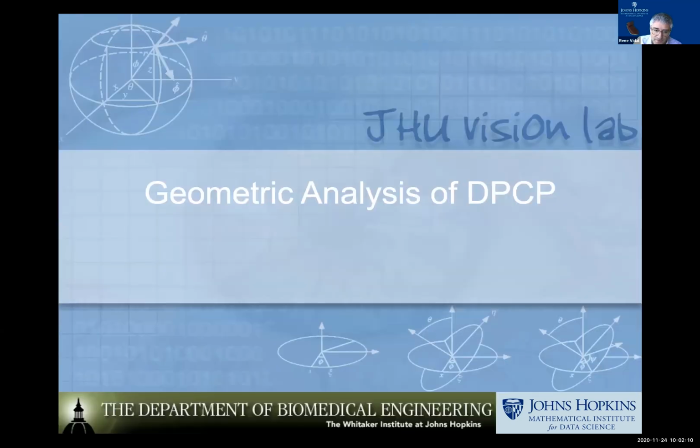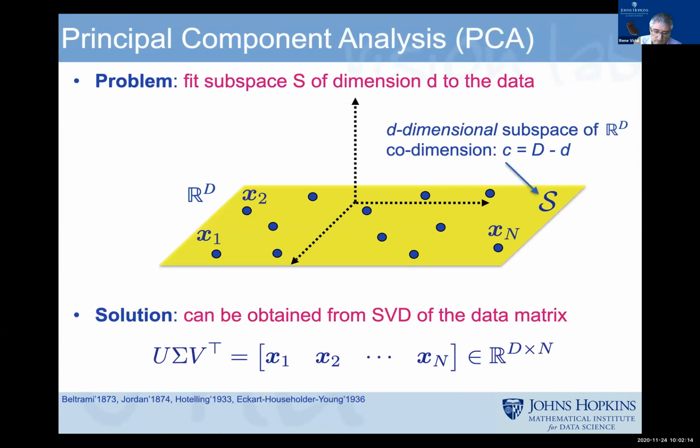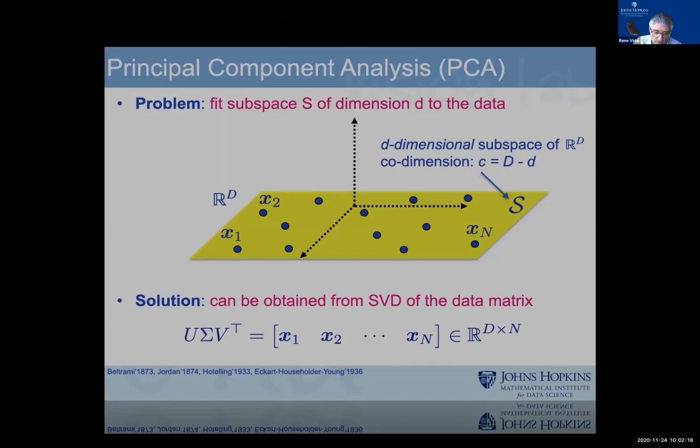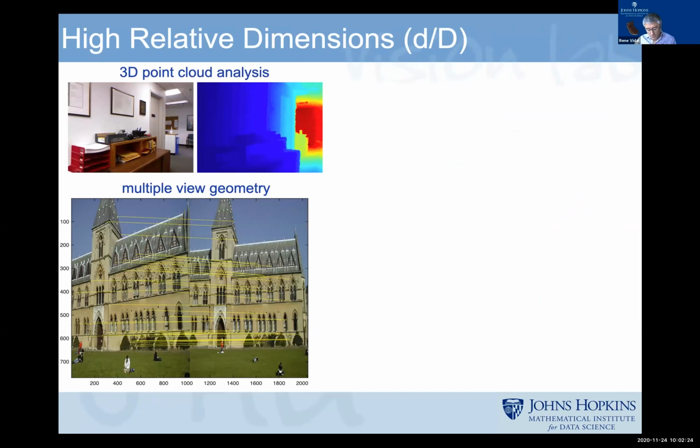Let me try to go back to some of the motivations. First of all, the very last point: if the number of outliers is so large, wouldn't it be the other way around?